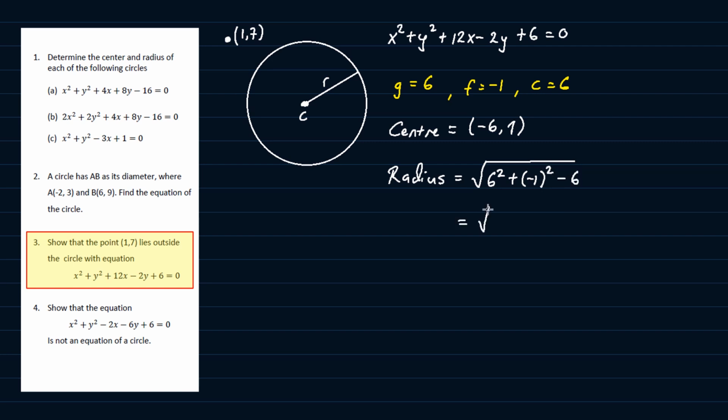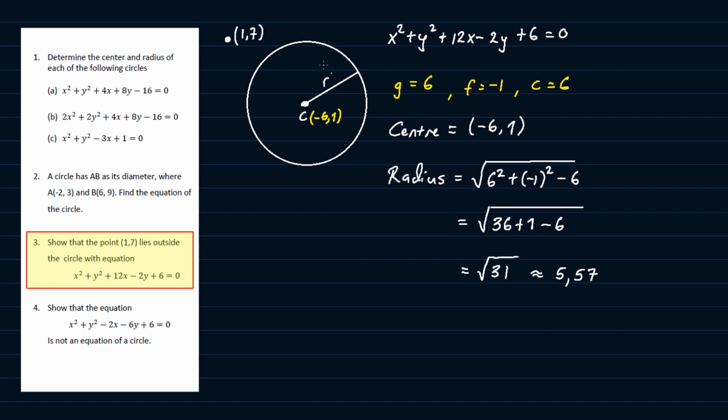This is going to give us 36 plus (minus 1) squared, that's 1, and minus 6. So eventually we will get the radius as the square root of 36 plus 1, that's 37. 37 minus 6, that's 31. This is to 3 significant figures. We get 5.57.